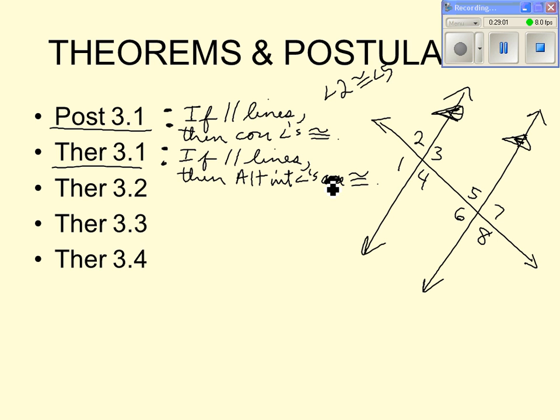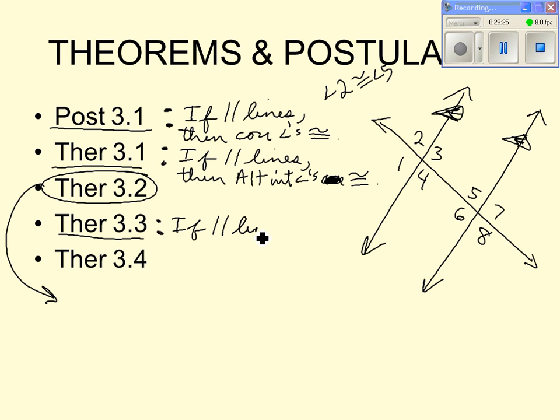Theorem 3.2. Let's do this. I'm going to move 3.2 down to here because I don't like it. Theorem 3.3 deals with alternate exterior angles. Says if you have parallel lines, so if you know the two lines are parallel, then guess what's true about alternate exterior angles? Give me a pair of alternate exterior angles. 1 and 7.